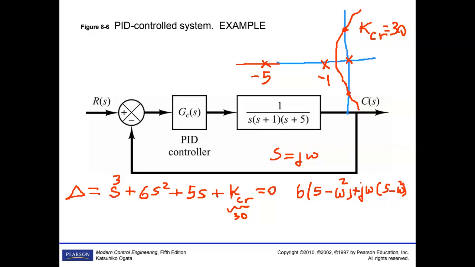If it is equal to 0, that means omega square is equal to 5. Only if omega is equal to root 5, only then this equation becomes 0.